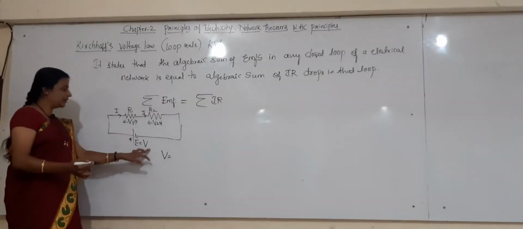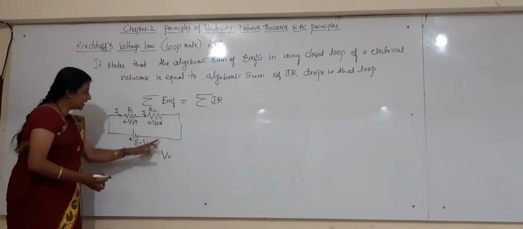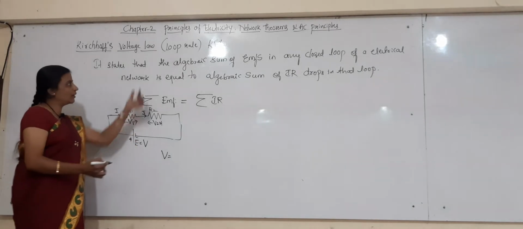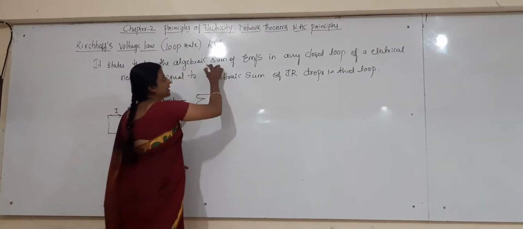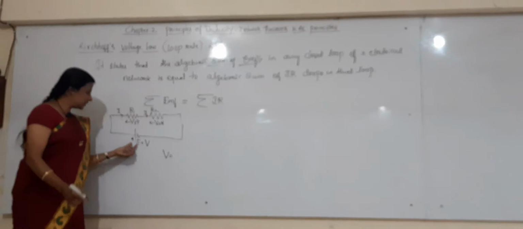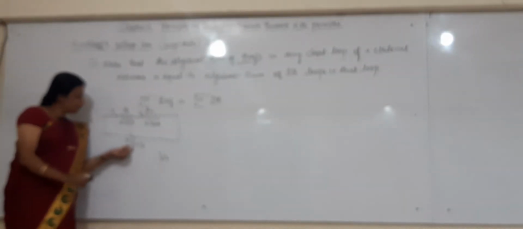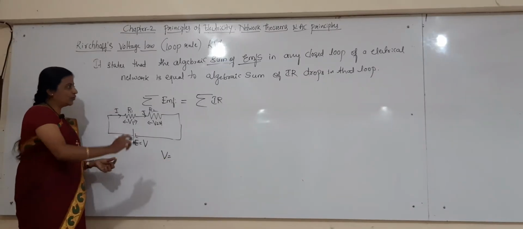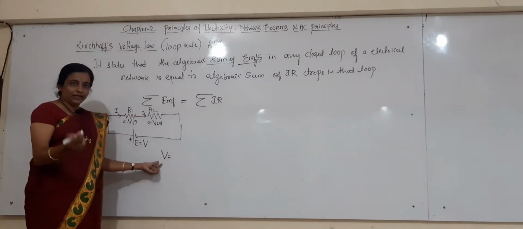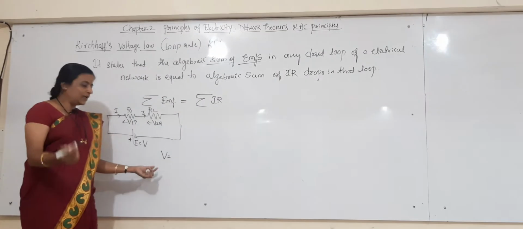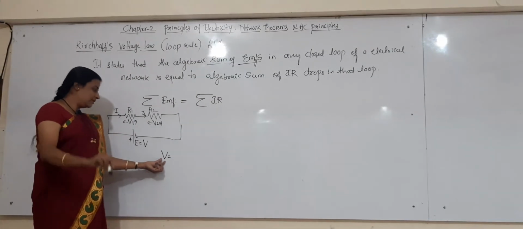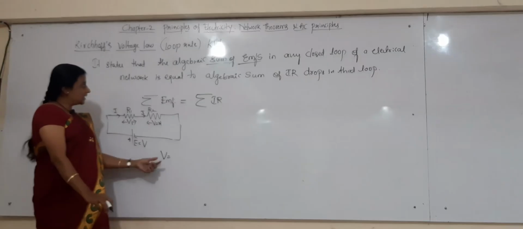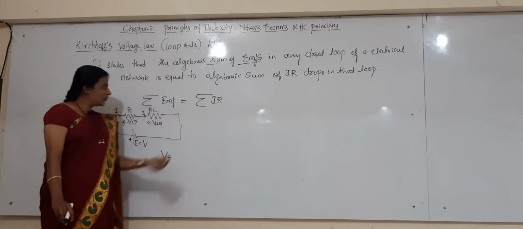The algebraic sum of EMFs in this circuit: in the entire circuit only one EMF is there, and that EMF is V. So V is equal to the algebraic sum of IR drops.